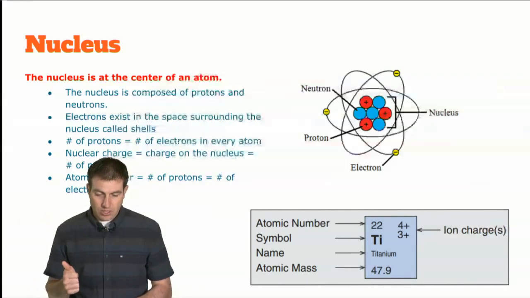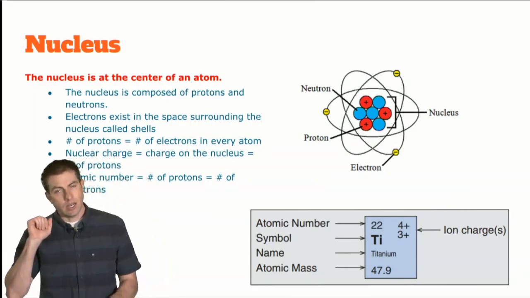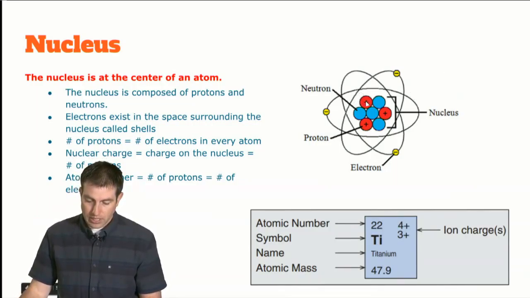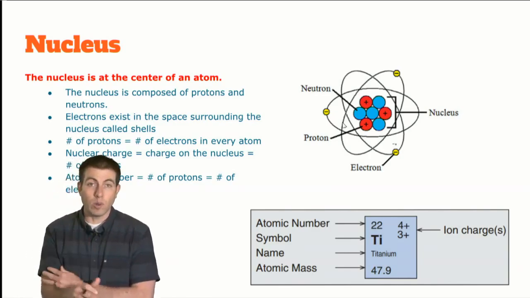Number of protons equals the number of electrons in an atom. So if you look at the picture here, you see there's 3 positive charges in the middle, and that means there'll be 3 negative charges around the outside. And every time we talk about an atom, that is always the case.